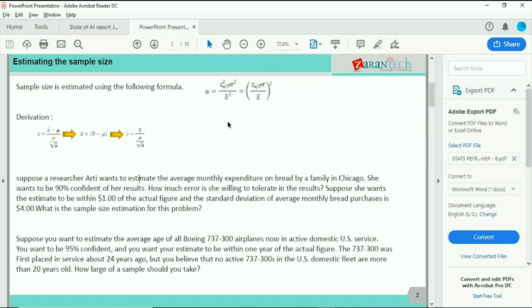Yeah, kind of. Vaishali, you also got something like that? No, I'm still struggling with how to find this E. E is 1.